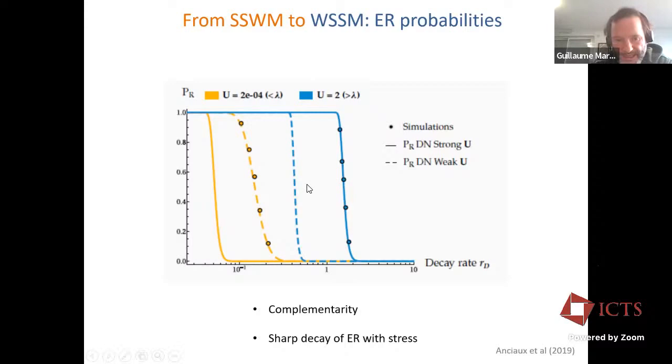But the basic idea is to say that those two things give the same robust pattern, that there is always a very sharp decay with RD, and that this decay is not due to just what we saw in the population genetics of it, which is that the rate of rescue is in 1/RD, just due to the fact that you have fewer mutants being produced when RD is bigger.